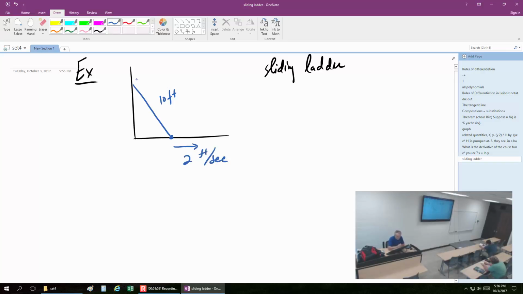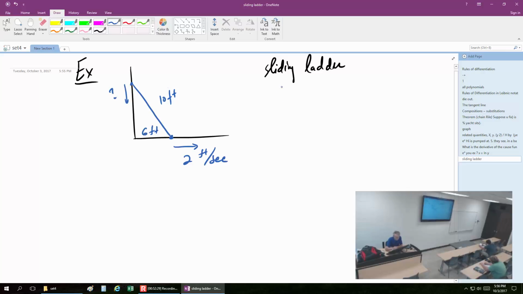The ladder is 10 feet long, and the distance is 6. This is 6 feet, so it will actually be variable if you pull the ladder at a constant rate. Hold on, what's the question? The question is how fast the top is sliding.